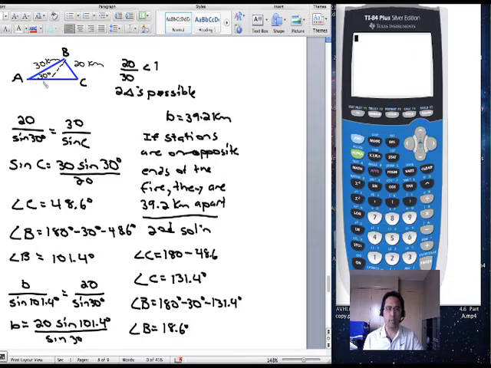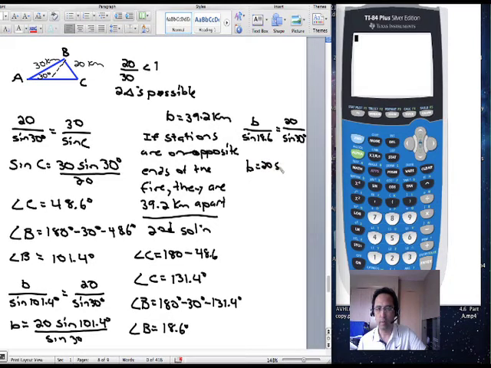The last thing I have to solve is this little line segment B here. So I'm just going to use sine law to figure out that ratio. I'm running out of room. B over sine of 18.6 is going to be equal to 20 over the sine of 30. Okay, so we'll cross multiply and solve for B. 20 sine 18.6 degrees divided by the sine of 30 degrees.